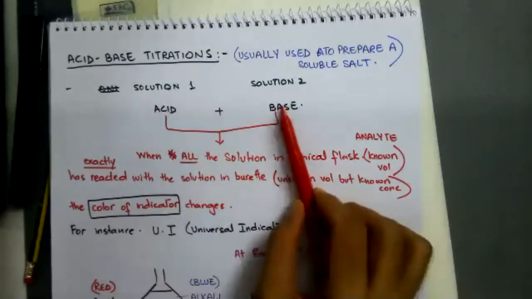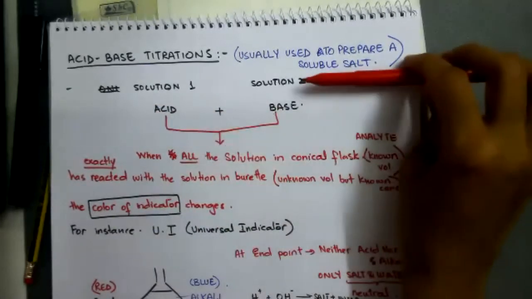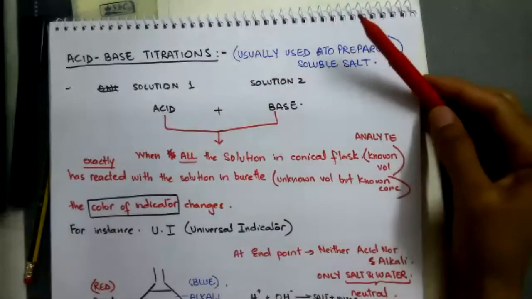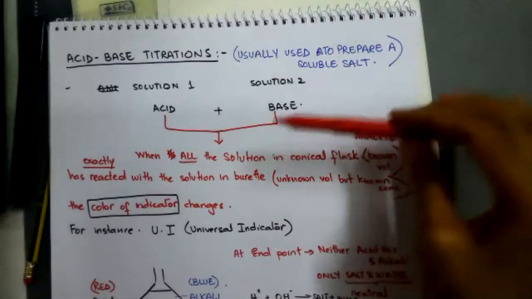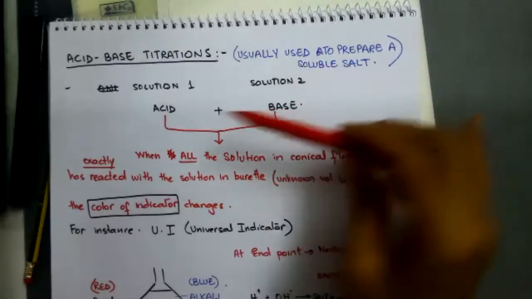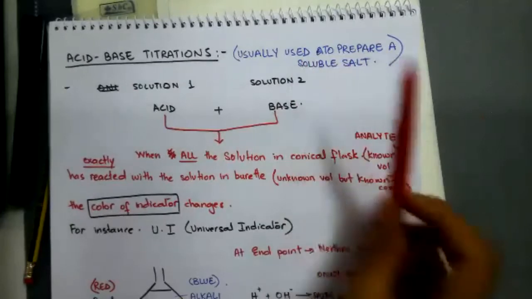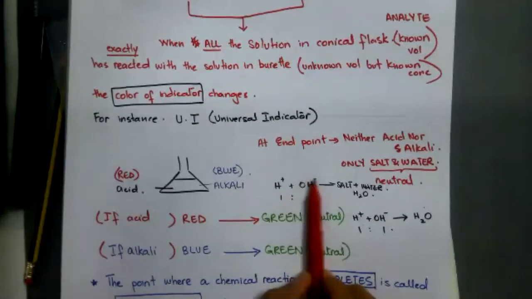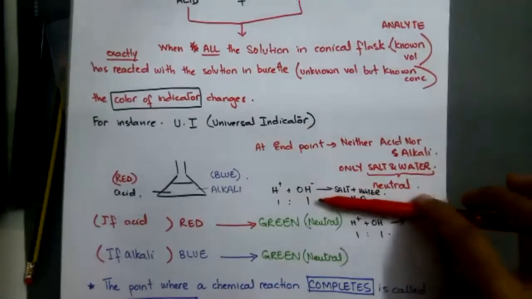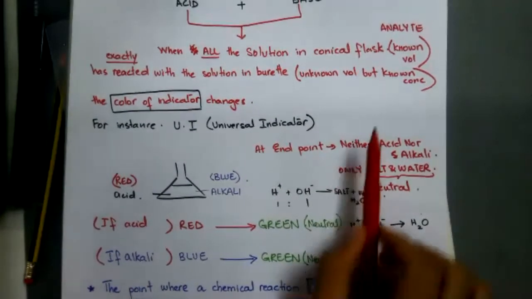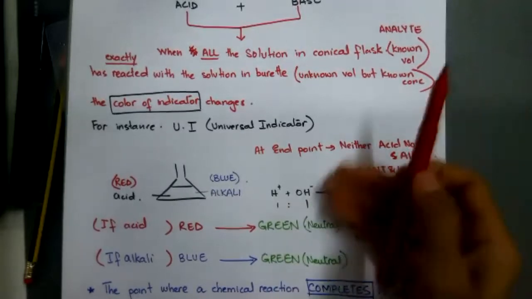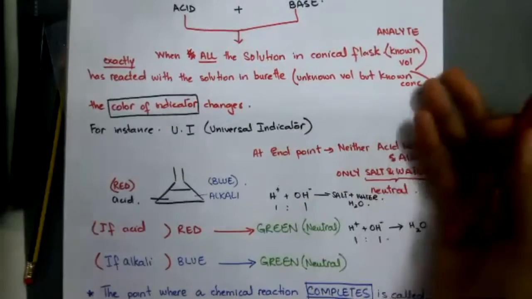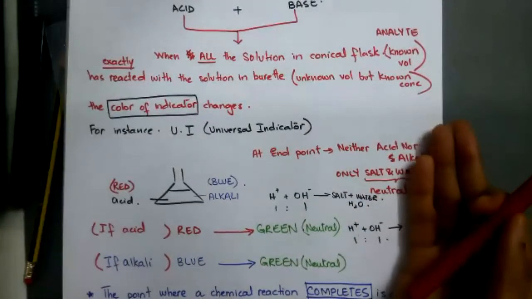So the reason why we are using this method to prepare soluble salt is because in titration, we can exactly make out where the reaction is complete. And so we'll stop adding. By doing that, we're making sure that we have none of the reactants left over, like no excess hydrogen ions or no excess hydroxide ions, but only salt and water. If the salt is insoluble, it's easy to separate. You just filter out and you have the salt, and then you can evaporate the water, and you will be left behind with pure salt.